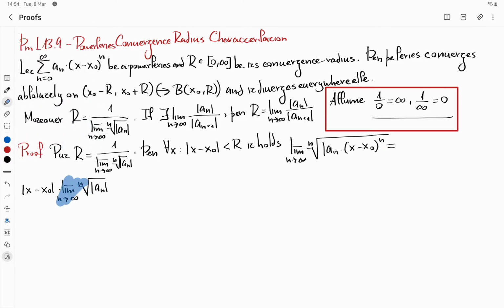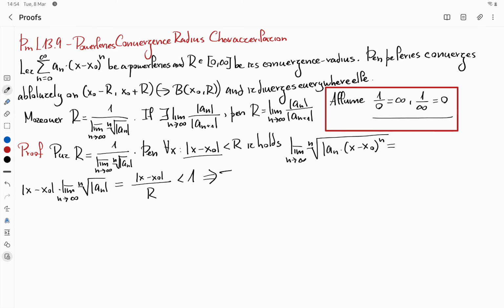This is from the definition of r. So this is just 1 over the supposed radius. And thus, we know that this is equal to the absolute value of x minus x0 over the radius. But we know that x minus x0 is smaller than r. So this is surely smaller than 1. And as such, the sum converges absolutely.